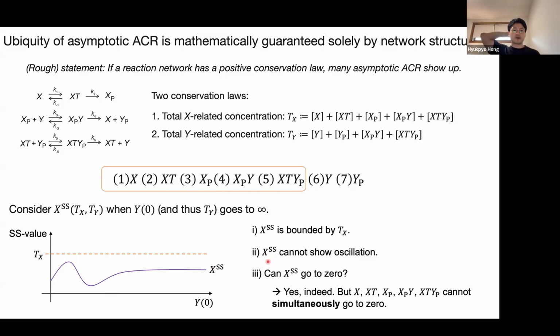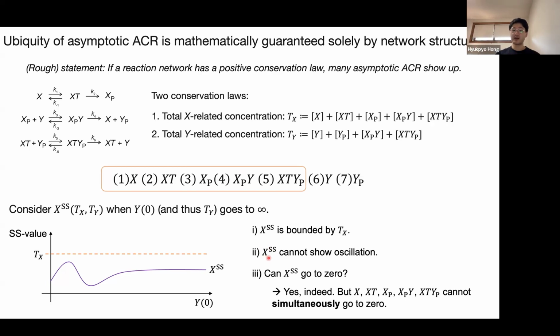Roughly speaking, if it oscillates infinitely many times like this, then we can find the zero derivative infinitely many times, and that contradicts the fact that the steady state level of X can be formulated by a combination of algebraic functions, which cannot have infinitely many zeros.